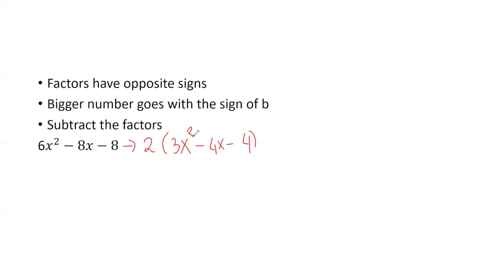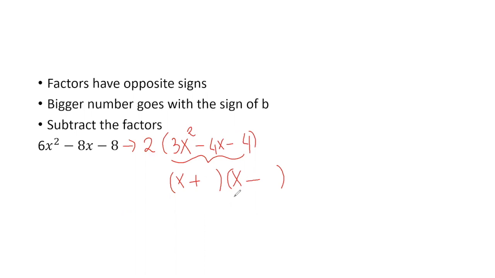I will write the final product with the signs opposite. My bad, this should be opposite signs. When c is negative, the final factors will have opposite signs. And then I put x's right here.